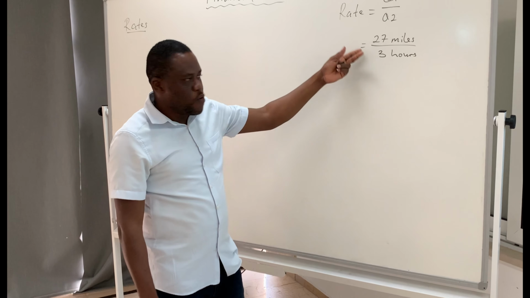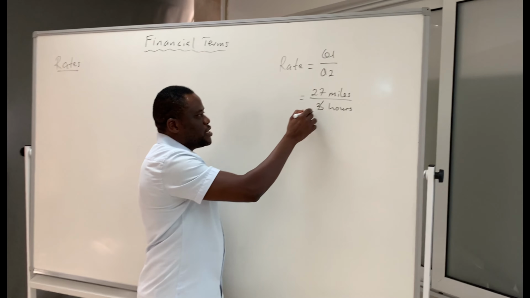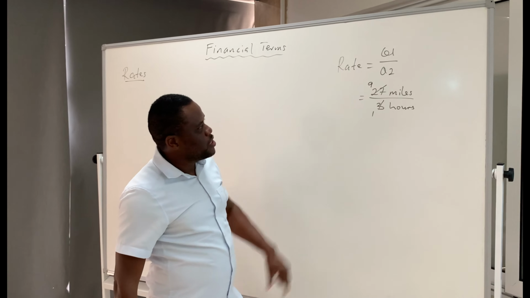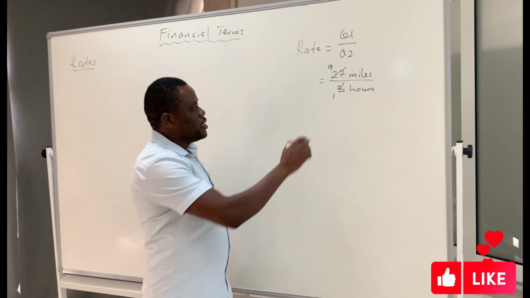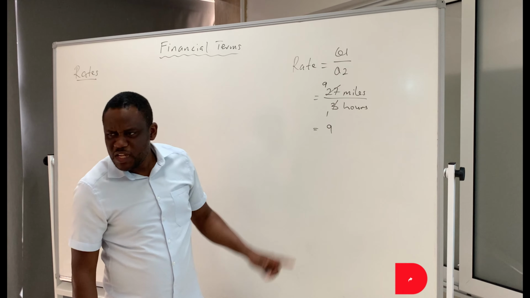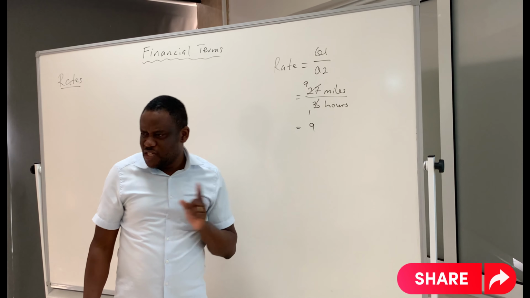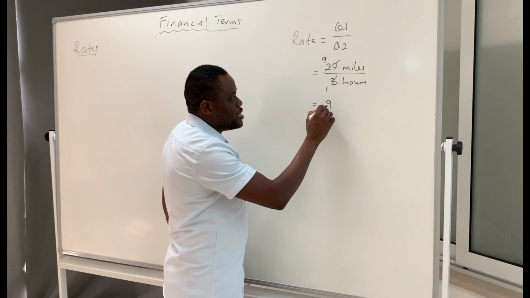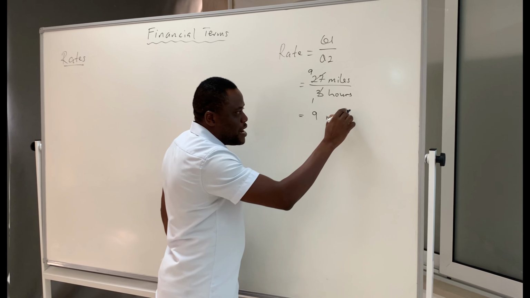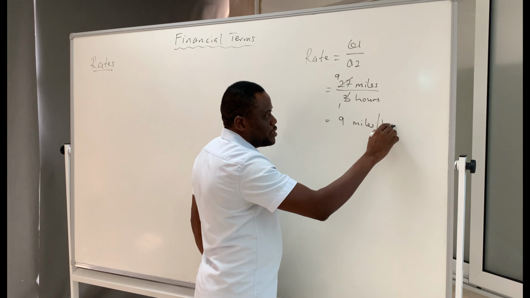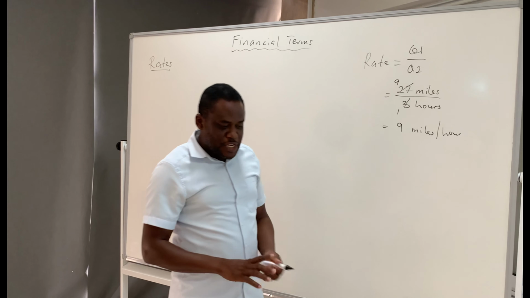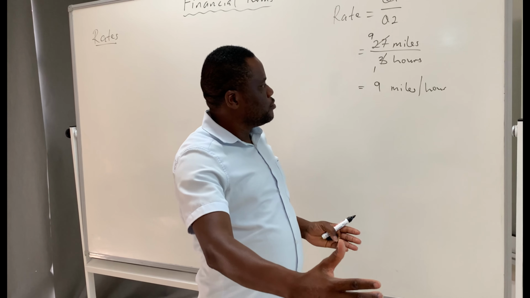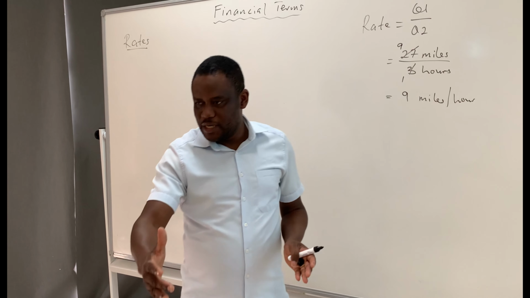I don't want to waste time, but you know what to do, right? 3 goes here 1 time, and 3 goes here 9 times. So 9 divided by 1 is 9. If you write 9 as the final result, it is not accepted. You have to tell us what the unit is. The unit here is what? 9 miles per hour.